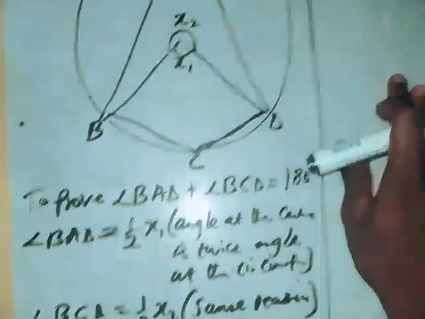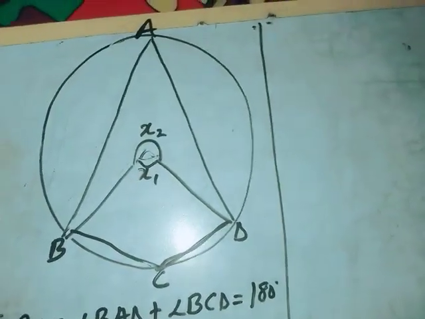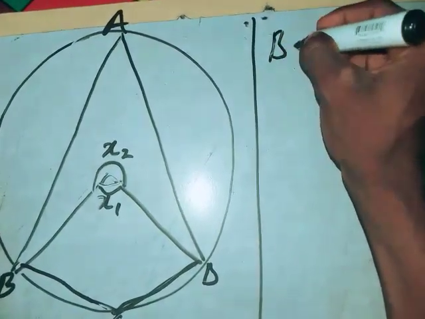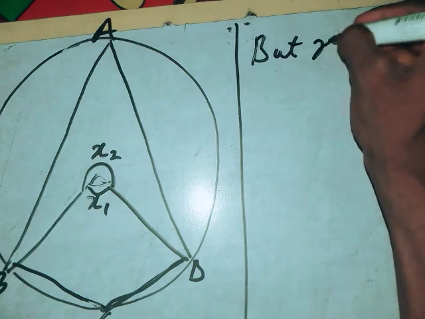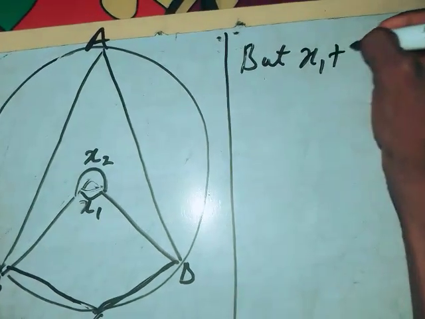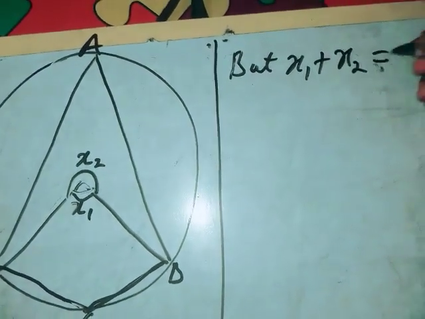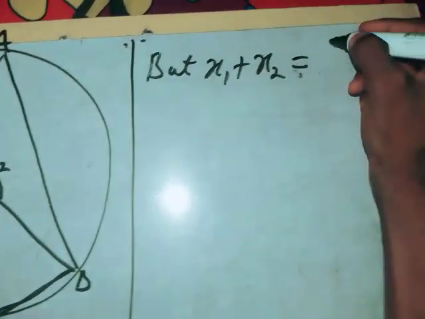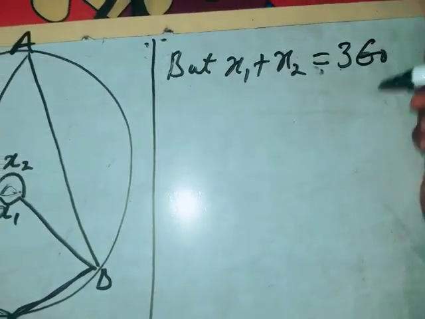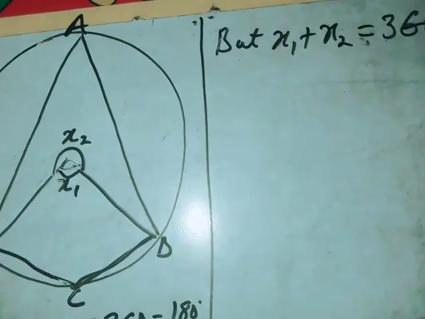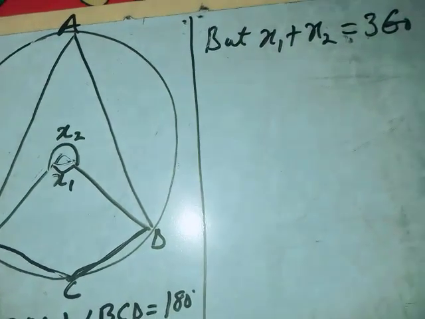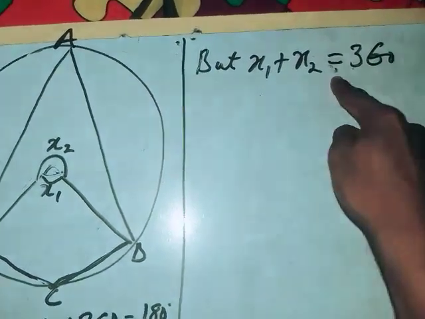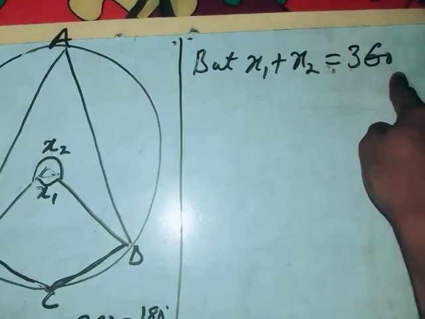Now, do you know that x1 plus x2 is equal to 360 degrees? I'll prove that. But x1 plus x2 is equal to 360 degrees. Why?